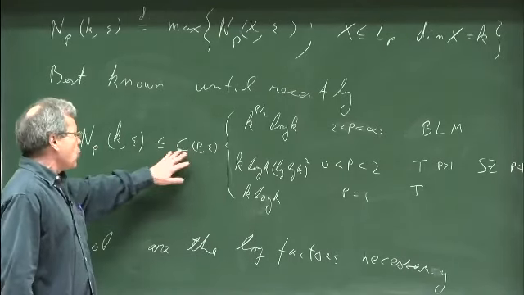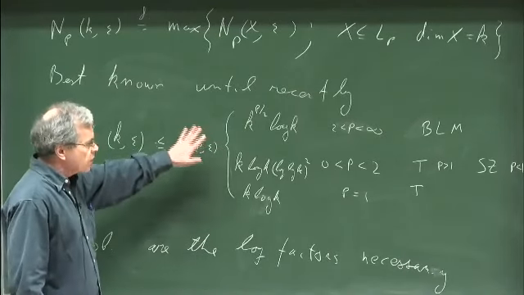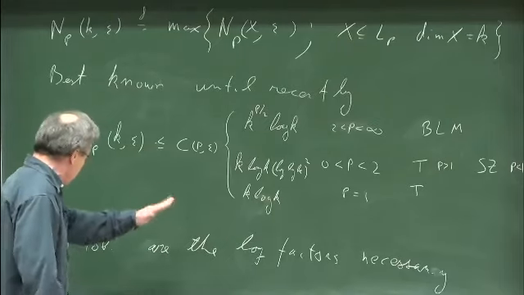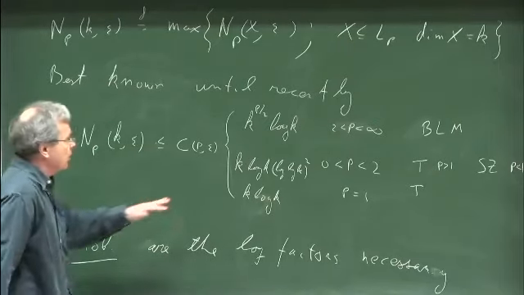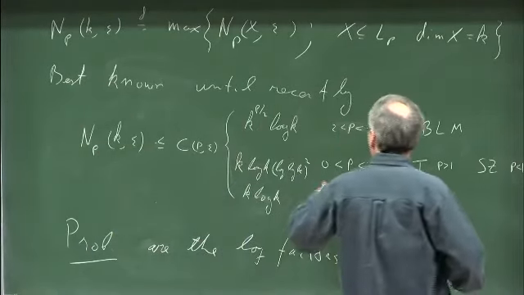And of course, there is also the problem with the constant. There are all kinds of problems with the constant. I'll not talk about it, but I'll talk about it a little bit. But the main problem is the dependence on k.